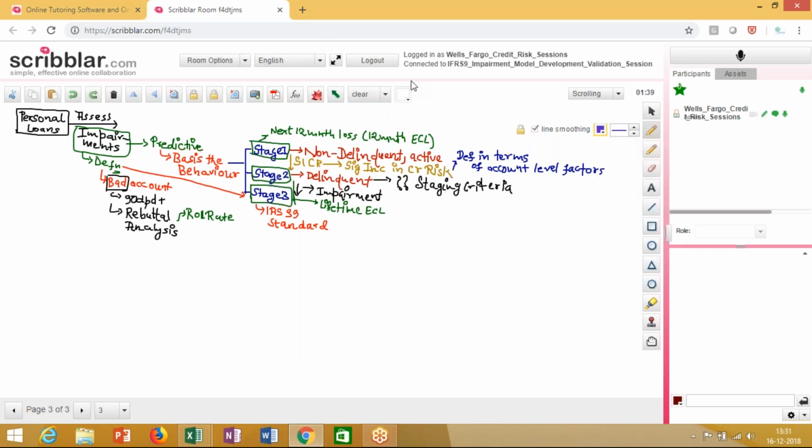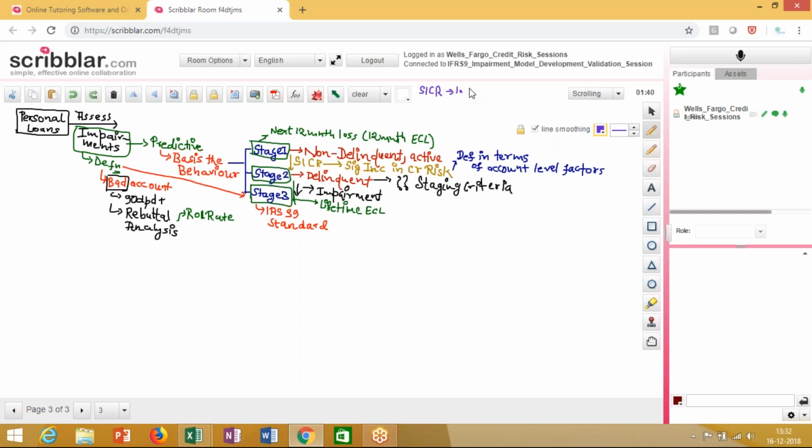Now there are two broad criteria for SICR to identify accounts which have undergone a significant increase in credit risk. First is, if the present probability of default, PD, of the borrower is higher than the PD at acquisition time.